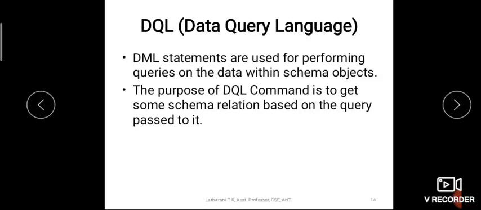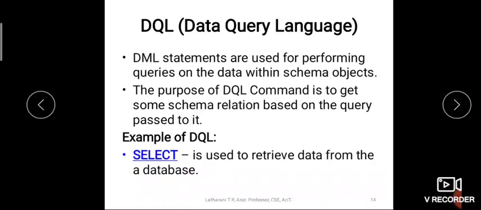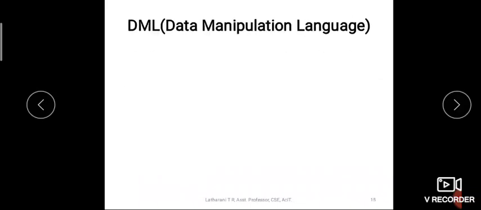Query means question. You question the database for retrieving some information. An example of DQL is select. Select is a major statement in a database management system which we use in most operations to retrieve the data based on various conditions.